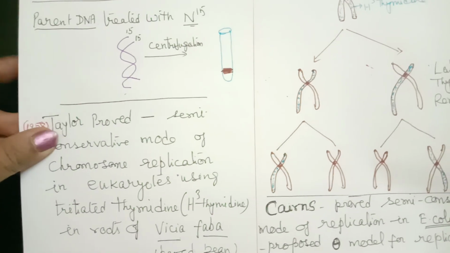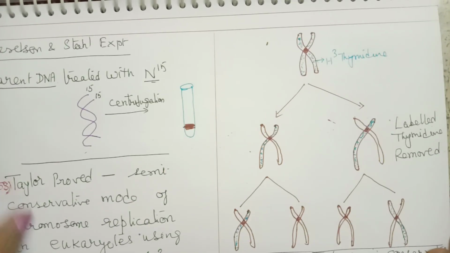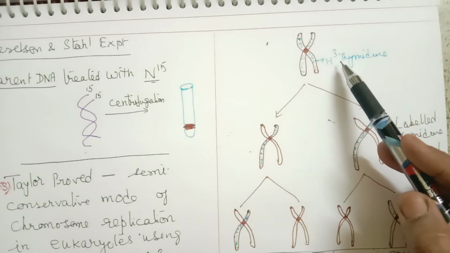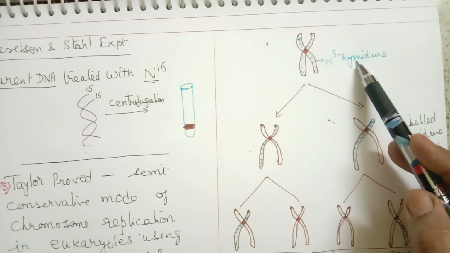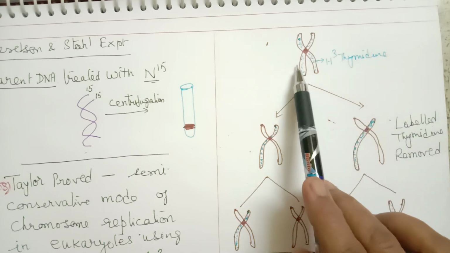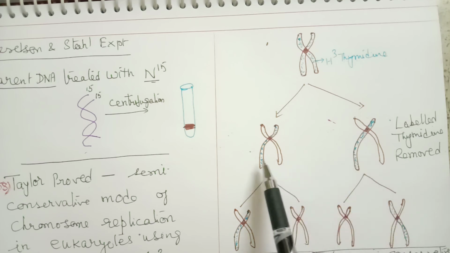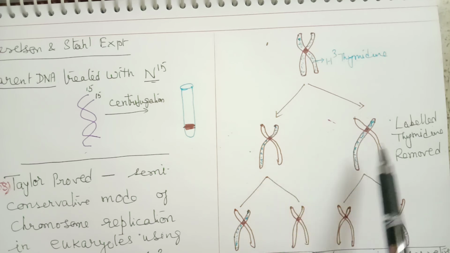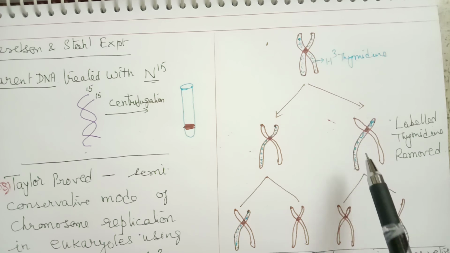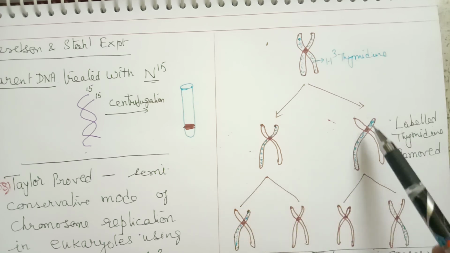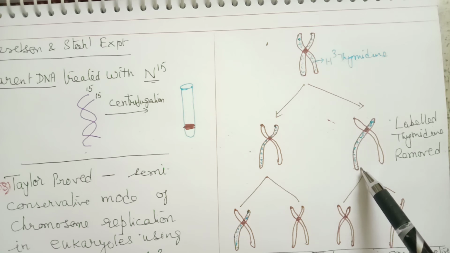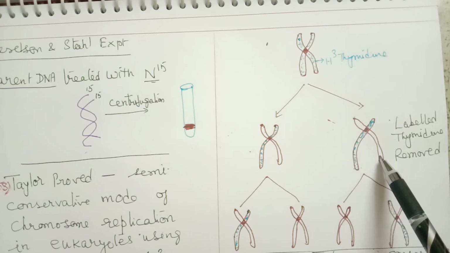And here he found, when he studied the chromosomes, that the chromosomes were treated with tritiated thymidine in the parent chromosomes, and after the first generation hybrid chromosomes are formed. That means one chromatid has one DNA molecule, so one of the chromatids will be labeled with thymidine and the other is normal.